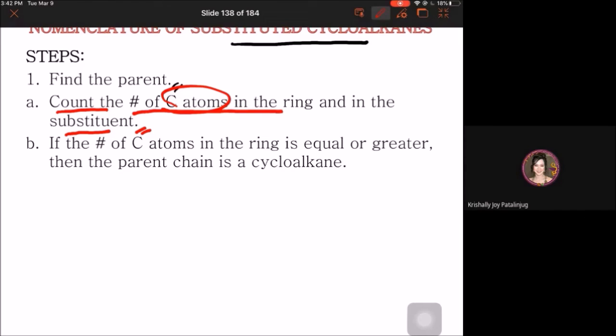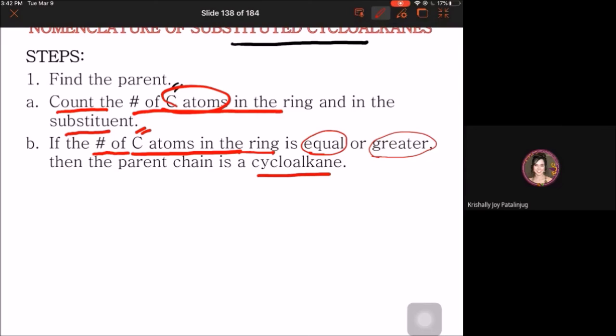Letter B, if the number of carbon atoms in the ring is equal or greater, then the parent chain will be that particular cycloalkane.